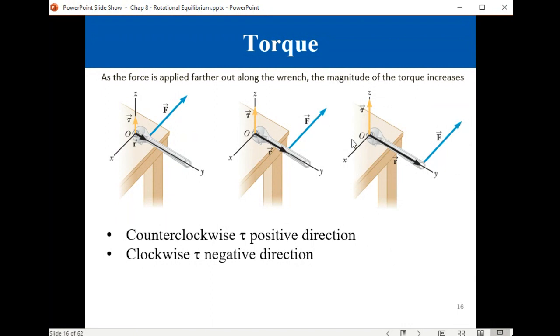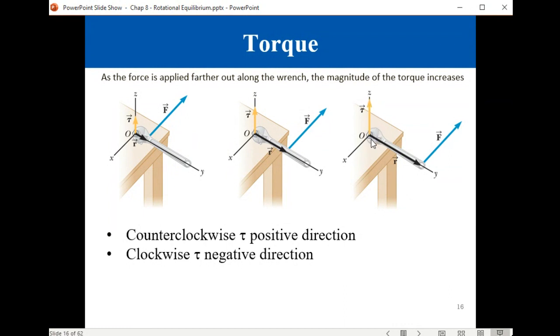Torque is a vector quantity. As you see here, we use the Greek letter tau for torque. It is a vector quantity, and it can be determined from the direction of r and F according to a right-hand rule. If you open your right hand and assign the direction of the four fingers to r, and then curl them toward F, then your thumb will determine the direction of the torque.